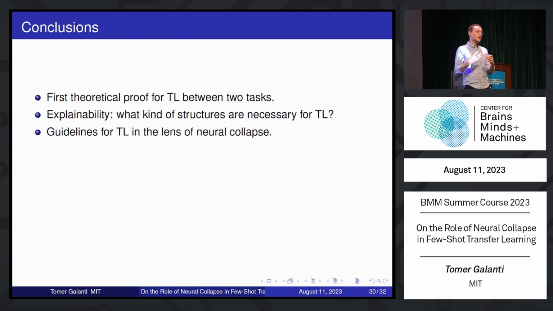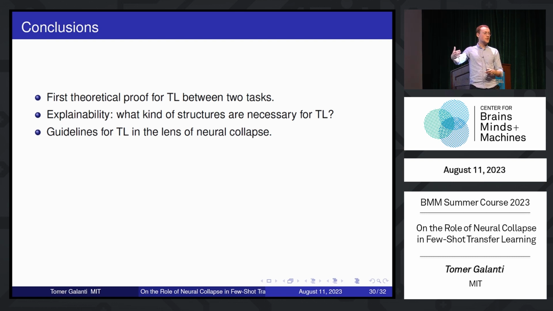If we believe that neural collapse is a favorable property when it comes to transfer learning, then we can think of transfer learning in this specific setting through the lens of neural collapse. How can I improve collapse? How can I make the collapse not collapse too much, aka overfit the source data, and so on.